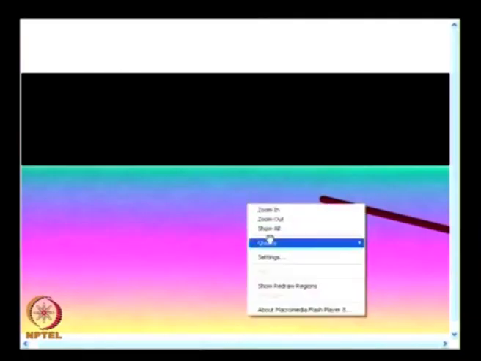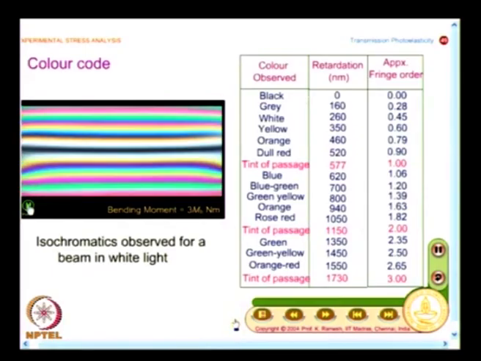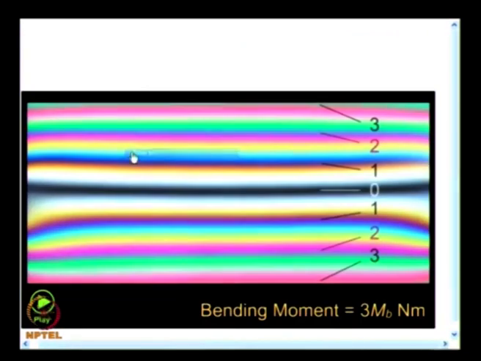We will go and look at up to 3 fringe order, what happens. I will magnify this further, and this is how you find. So, it is easy to distinguish fringe order 1 and fringe order 2. This is 0th fringe order, this is fringe order 1 and this is fringe order 2.